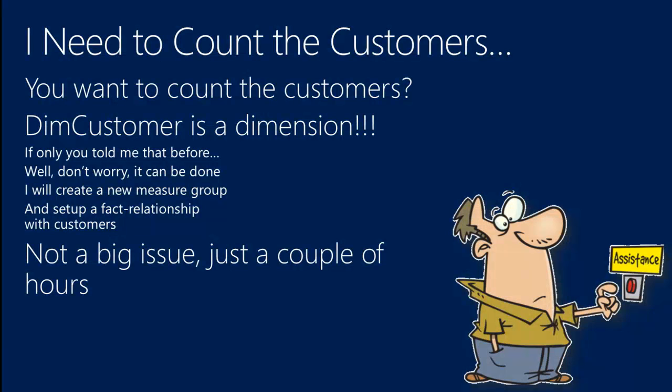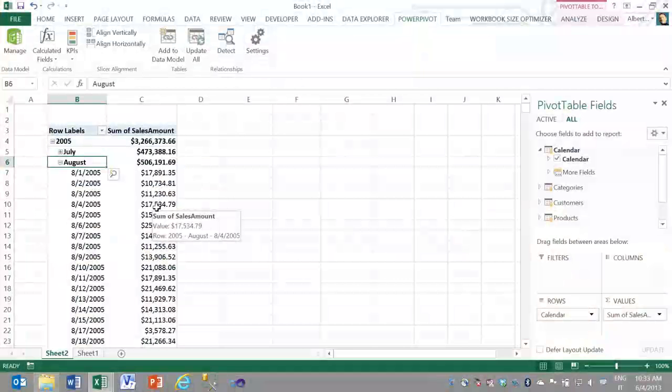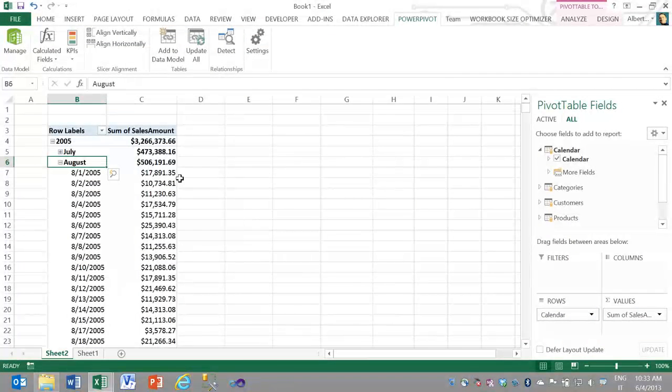But in Analysis Services, that means, let's say, a couple of hours of work. And you need to open the solution, check it, create the views, check that everything works fine, debug it, and make it work.